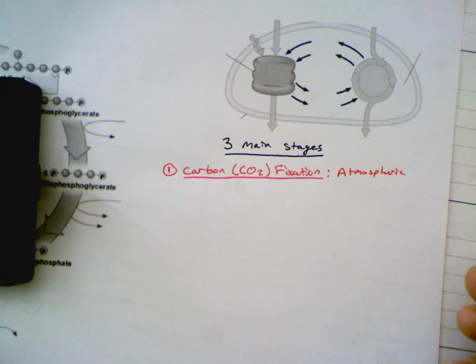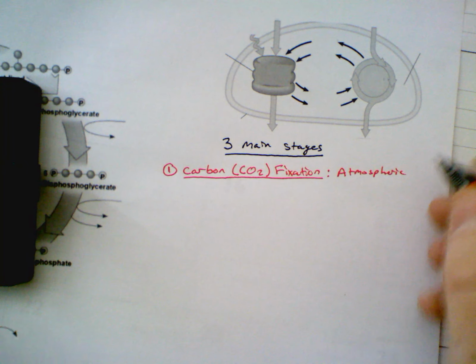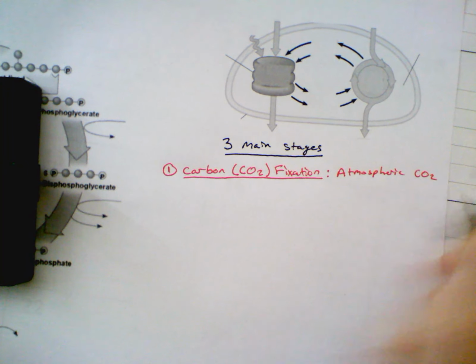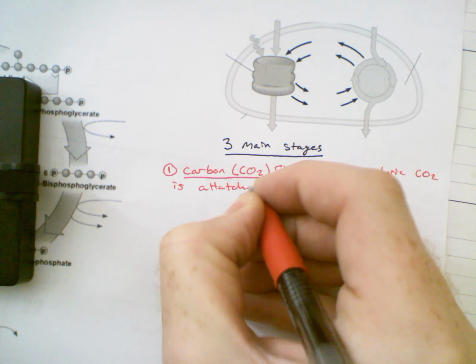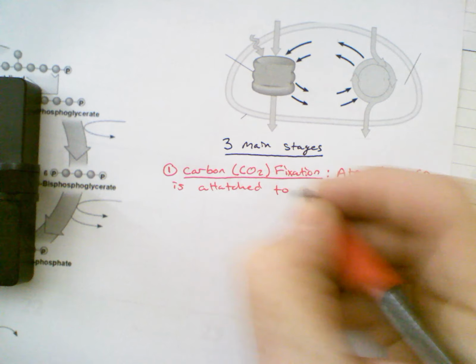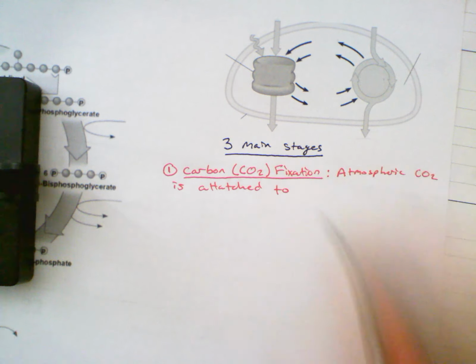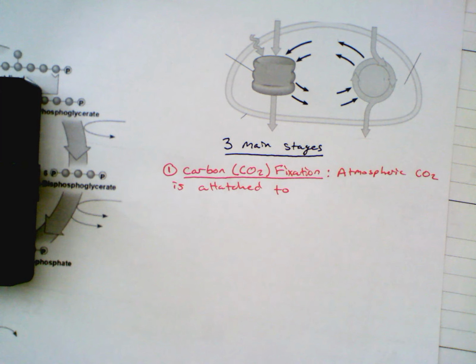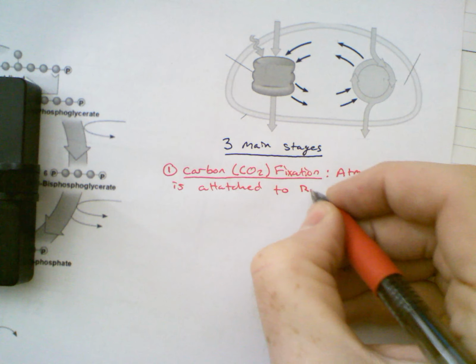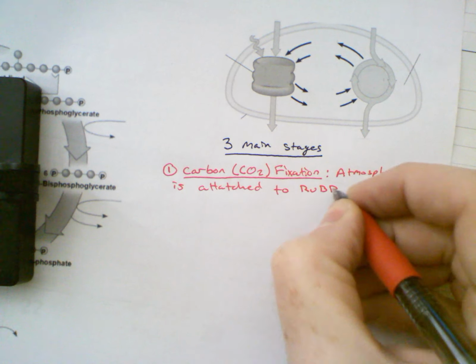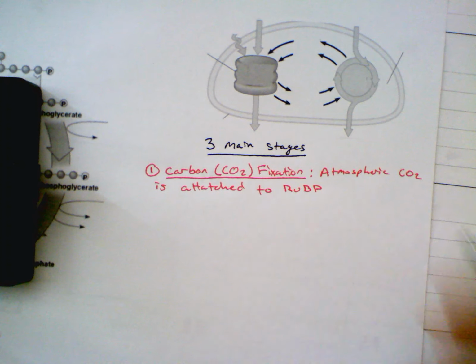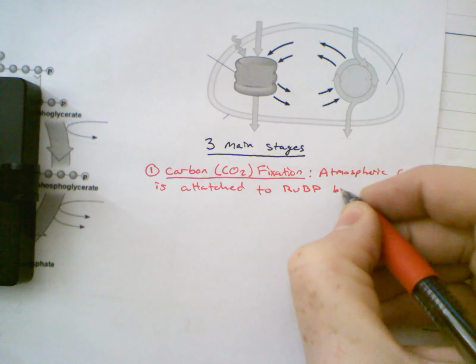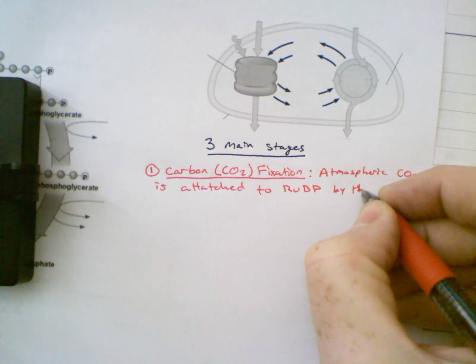Here we go. So, atmospheric CO2 is attached to, this is a carbon-based molecule called RuBP. Okay. And this is done by an enzyme called Rubisco.